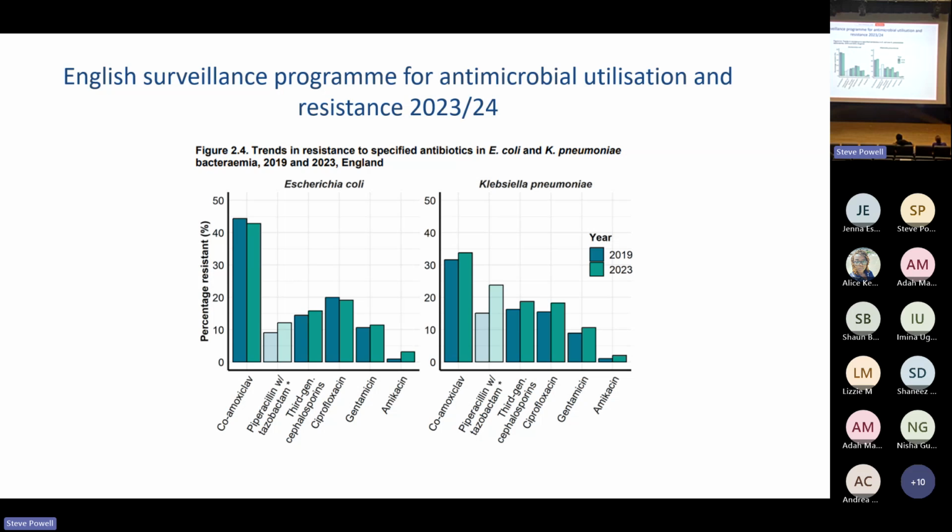So 2 bars for each agent, for each organism. First bar is 2019, second is 2023, and for almost every agent, we're seeing increases in the last 5 years of the percentage of those organisms that are resistant.